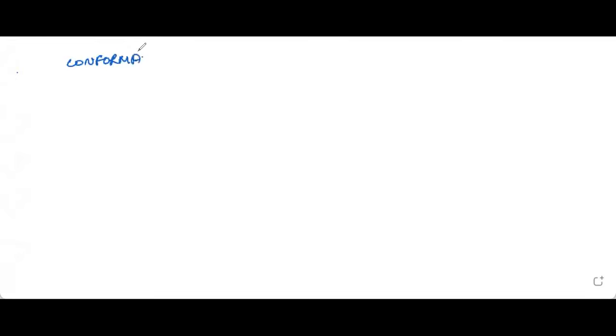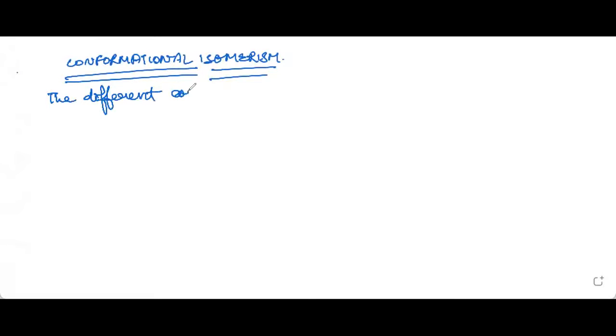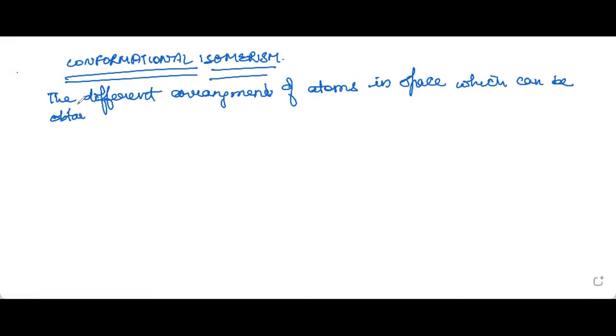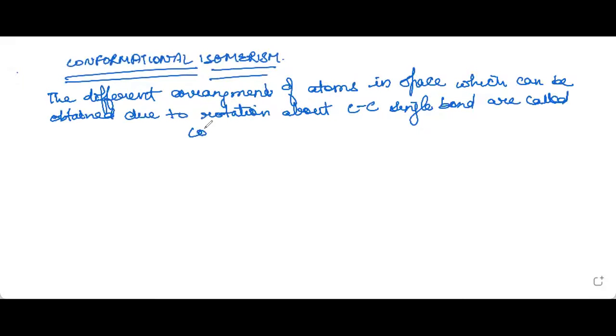Conformational isomerism. You can write here: the different arrangements of atoms in space which can be obtained due to rotation about a carbon-carbon single bond are called conformations.